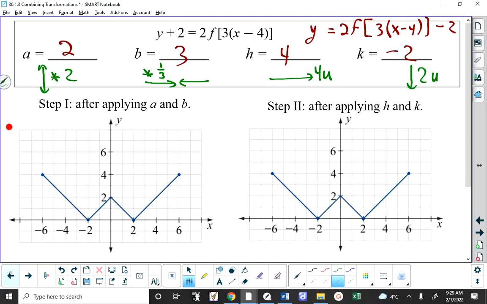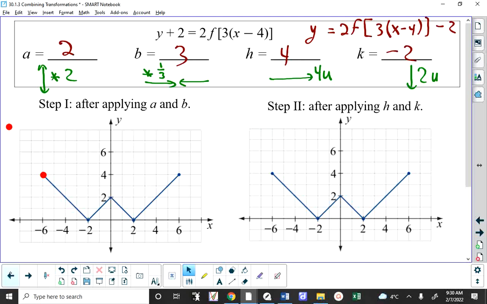So if I take a key point here, and I'm going to have to get some rulers to you. If I take a key point and I start looking at the effects of A and of B, I need to take that key point and stretch it vertically by a factor of 2, so it's going to go twice as far away from the x-axis as it currently is.